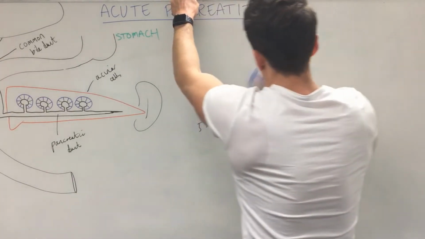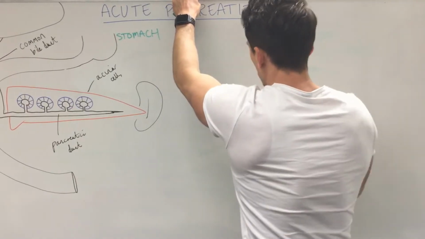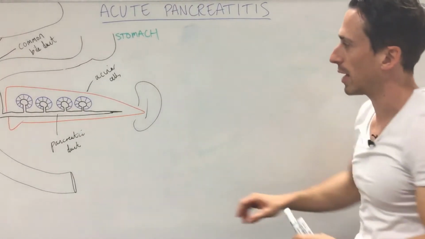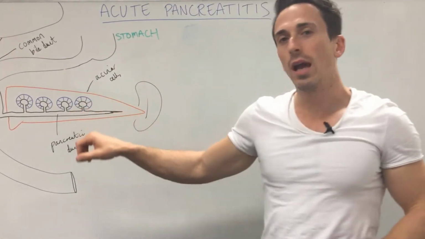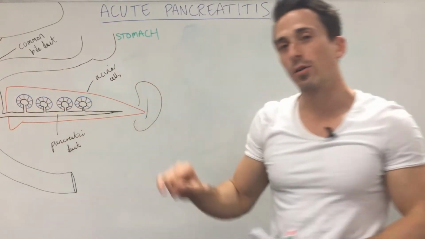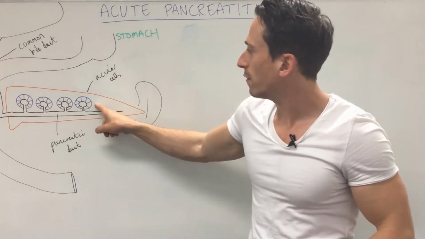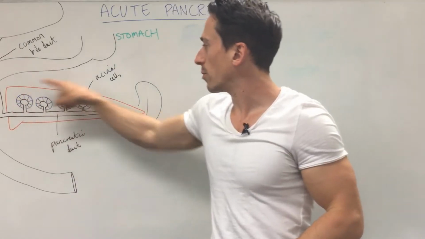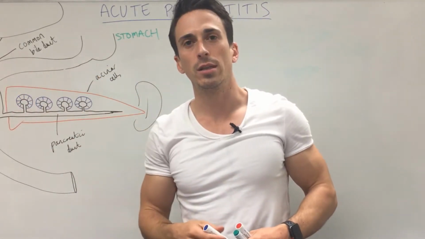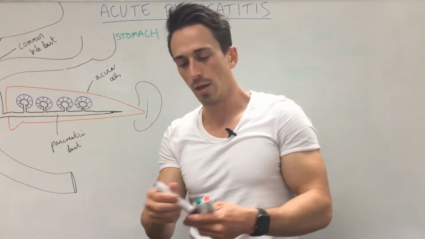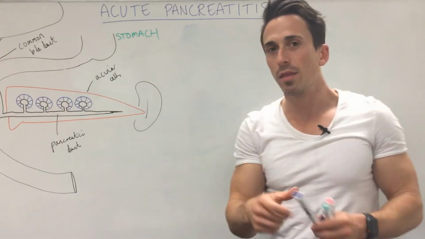What about when we have a look at what's causing, remember I said to you that when we look at what's causing acute pancreatitis, we're going to have the release of these enzymes that's going to break down the pancreas itself. Now what can cause this? Well, two main things.